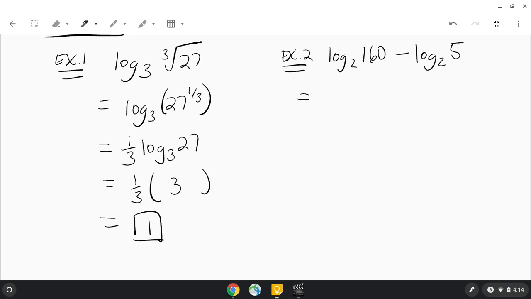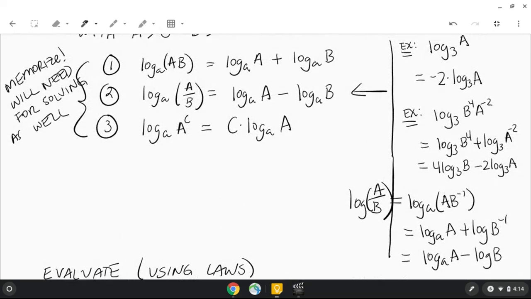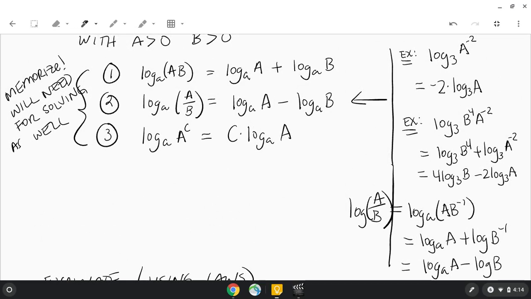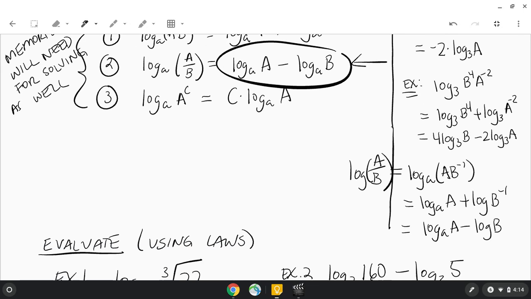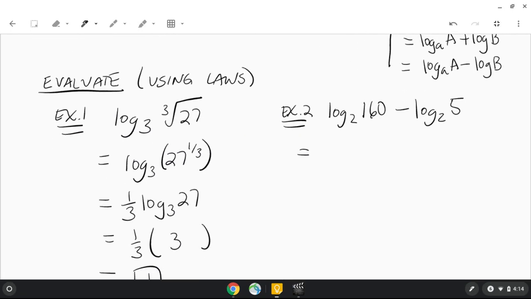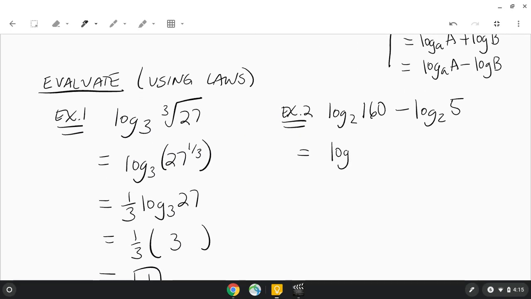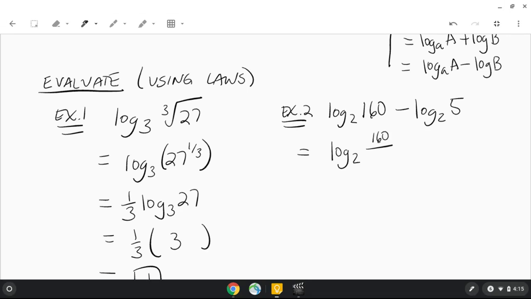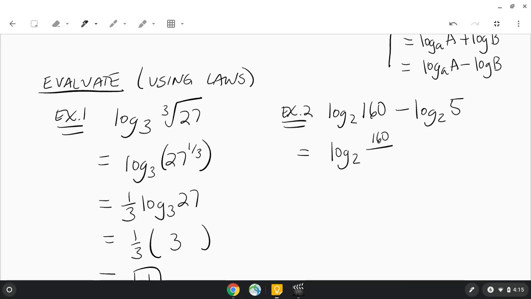We don't have any numbers in the front, so I can't rewrite them using exponents. But I do have a subtraction, and it says here, if you have a subtraction, that's number 2 right here. If you have subtraction, you can rewrite it as a single log of a over b. So I can rewrite this as a single log of a, which is 160 in this case, over b, which is 5.